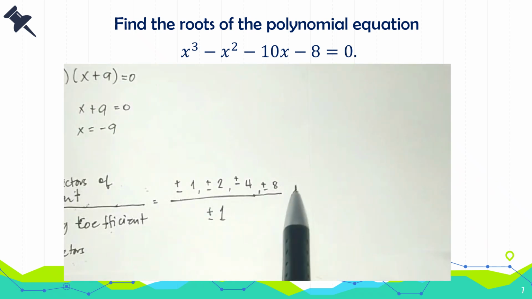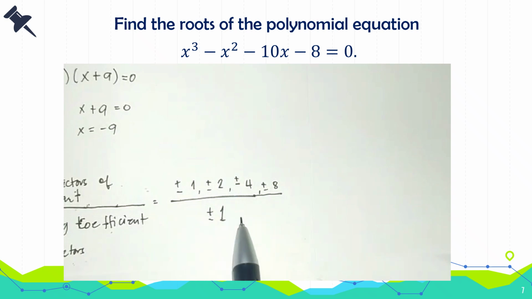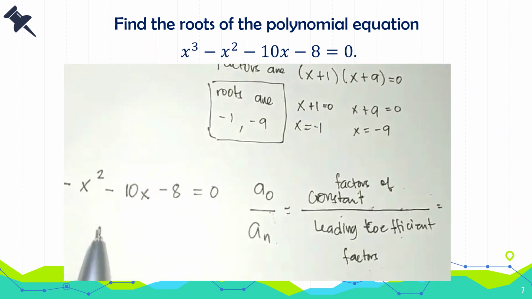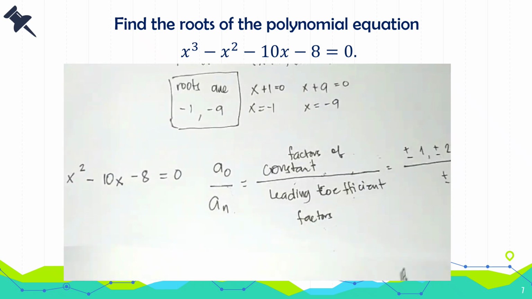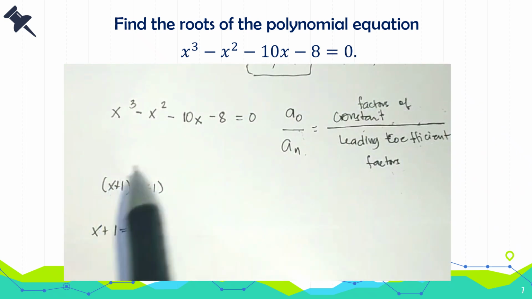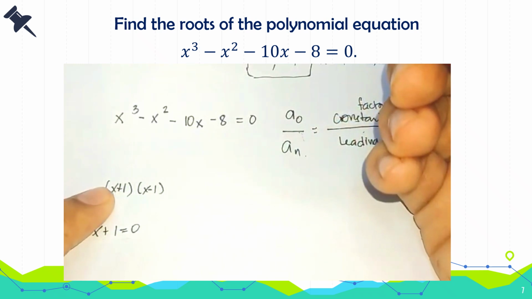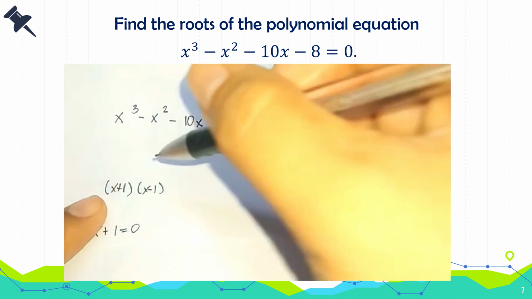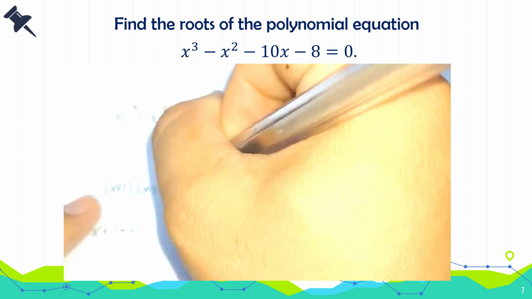We will try to use all of the factors to check if it can simplify our equation, but we will start with the smallest value, that is plus or minus 1. So I've listed down here, plus or minus 1 will be in the form of x plus 1 and x minus 1 equals 0.